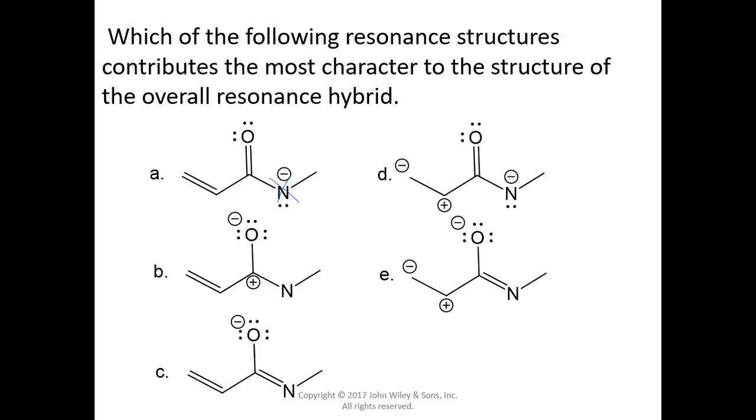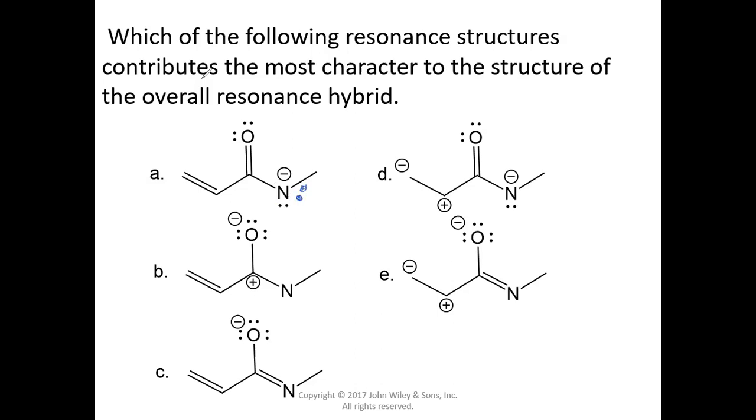Real quick, I'm going to do one thing, because I realize that there is just one thing missing from here. And then I will ask it again, because I think this is just a small thing that happened. That nitrogen, in order to have a negative charge, needs to have 2 lone pairs. There's actually 2 lone pairs on this nitrogen.